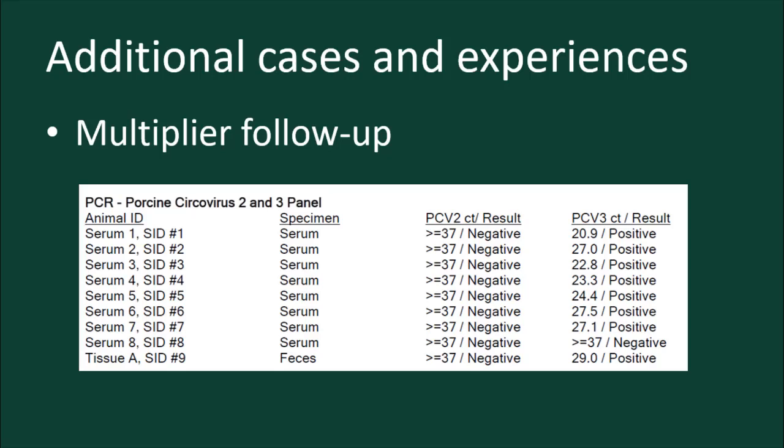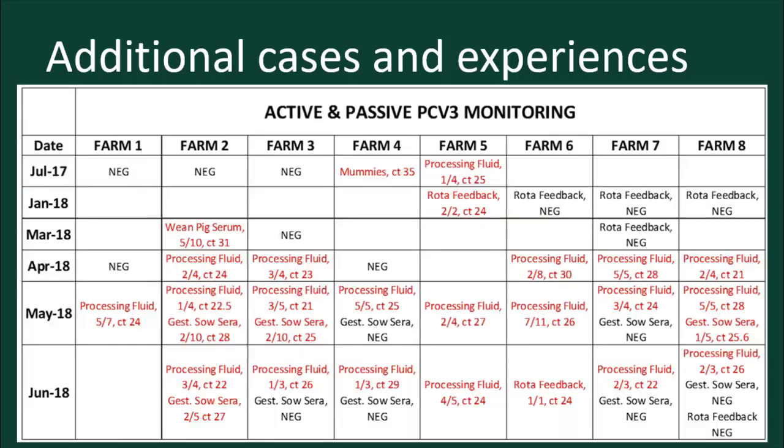They were highly positive for PCV3, negative for PCV2. Additionally, we had feces that were positive for PCV3 at fairly low CTs. Dr. Arruda mentioned CTs of 25 or below, and we consistently found that in most samples. We've got a couple of outliers, and the feces are a little bit higher as well.